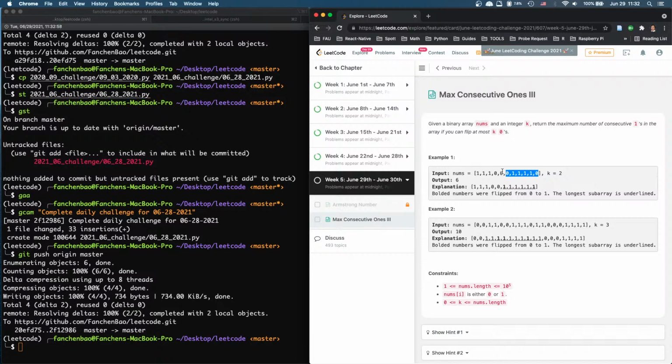So when k equals 2, we go in. Now we find this, and then k equals 2 or k equals 1. Both are going to return 0: the maximum is 0, and the consecutive is also 0.